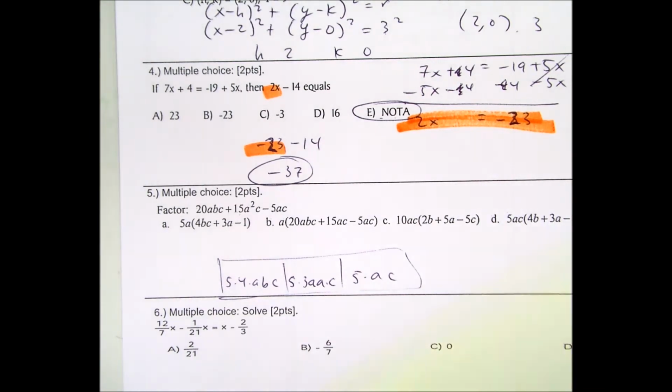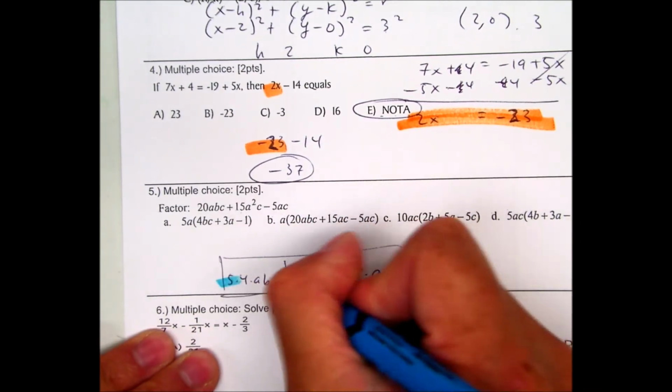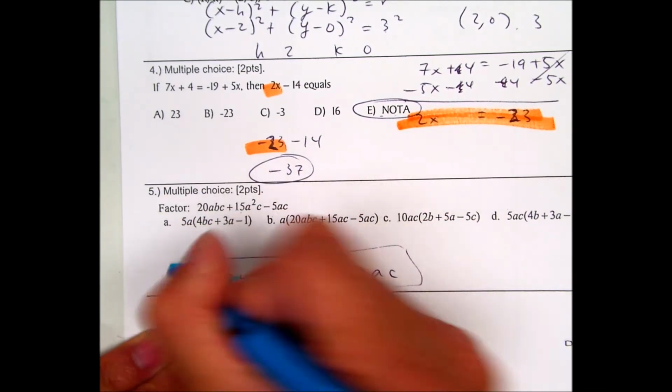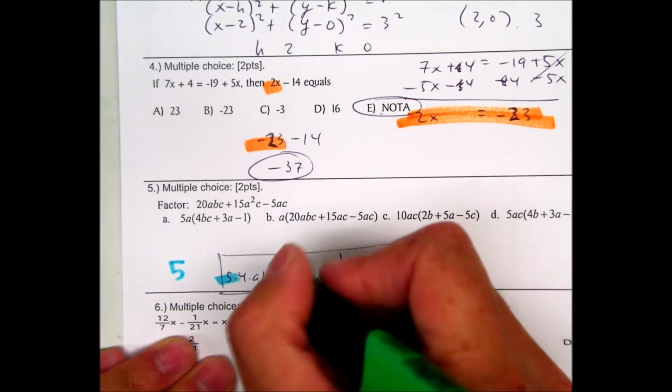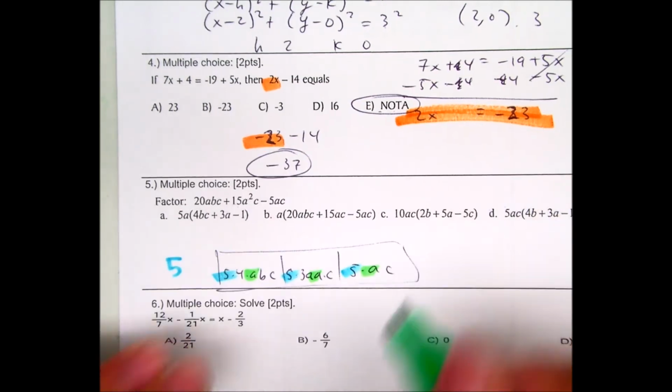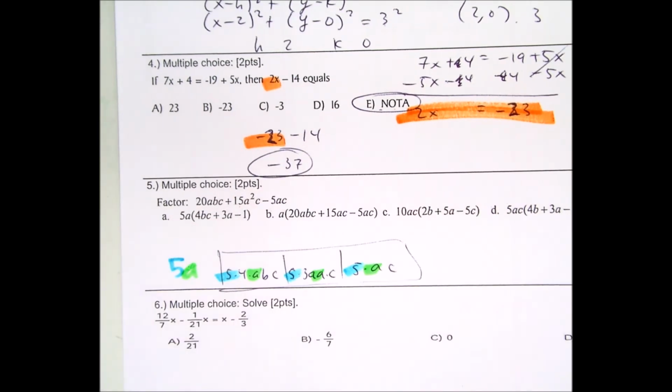So let's see, I got a 5 in common. Write that on the outside. I see an A that they have in common. So I have an A here.